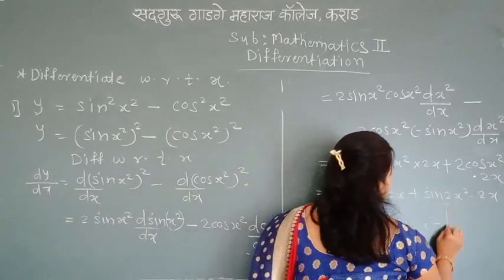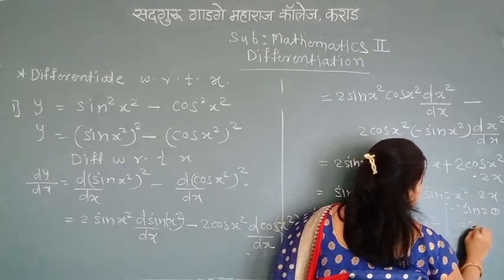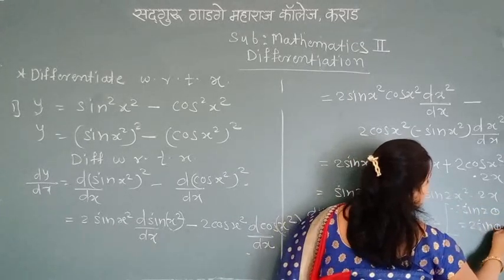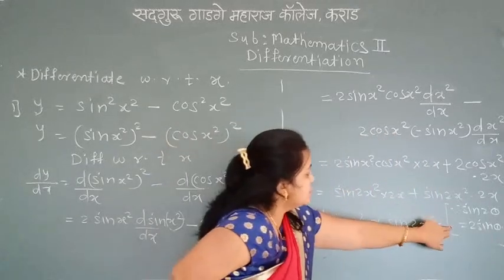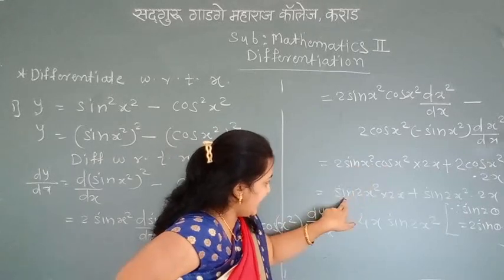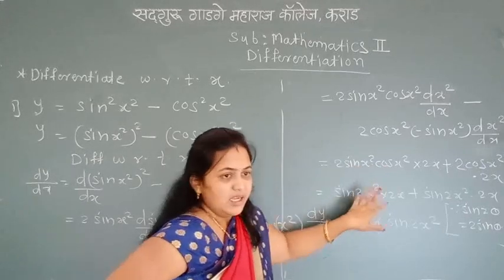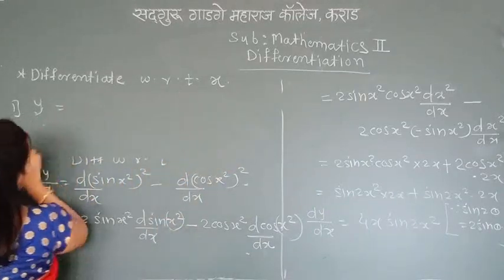We can write here, reason, sin 2 theta is equal to 2 sin theta multiply cos theta. We can apply this rule for here: 2 sin x square multiply cos x square, we can write sin 2x square. Now we can take next example.